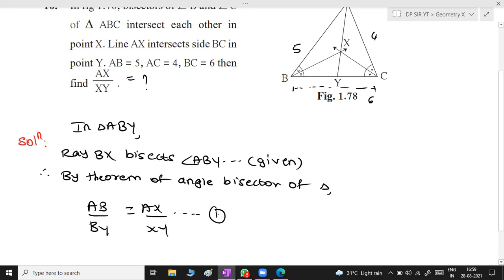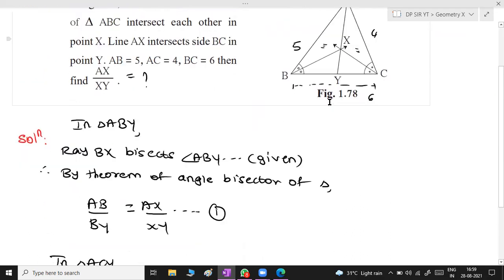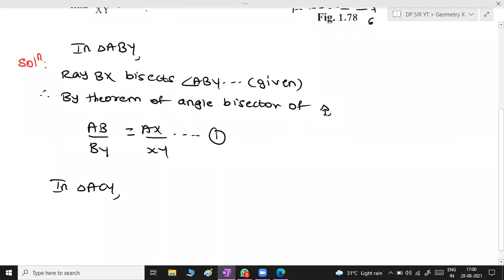Now let me take the second triangle, that is triangle ACY. First I took ABY, now we will take ACY. So in triangle ACY, what is the angle bisector here? Ray CX is the bisector. So ray CX bisects angle ACY.